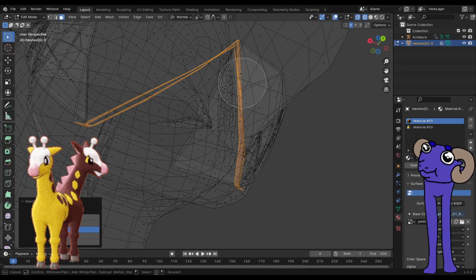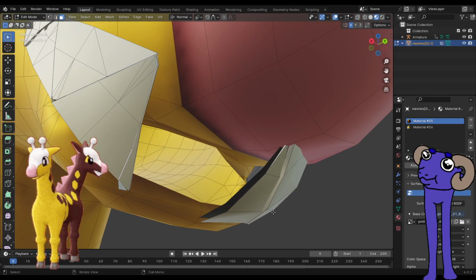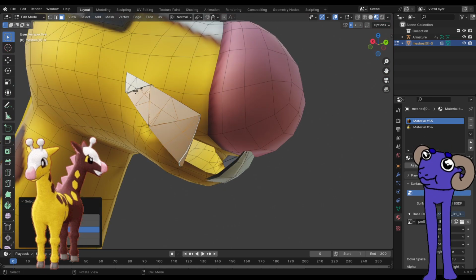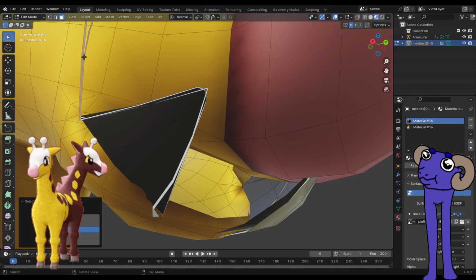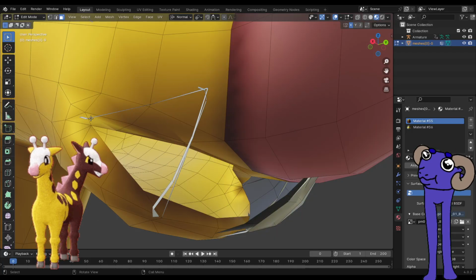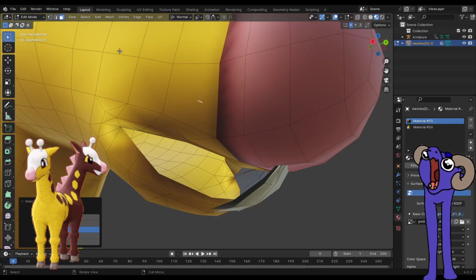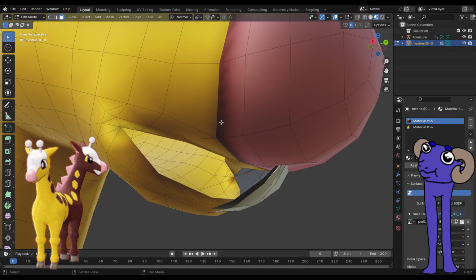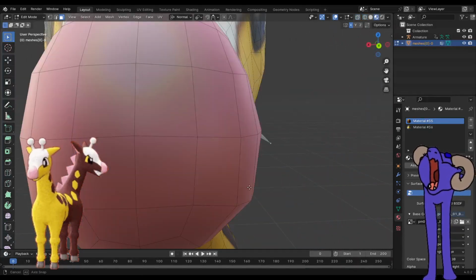Those should be connected. Still a couple stray vertices and faces. Any more floating geometry in there? Doesn't look like it.